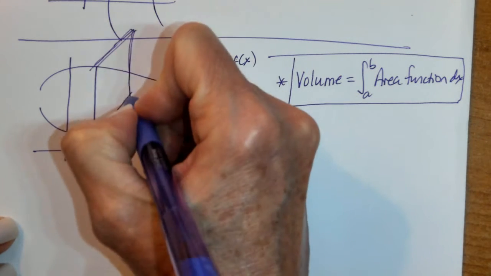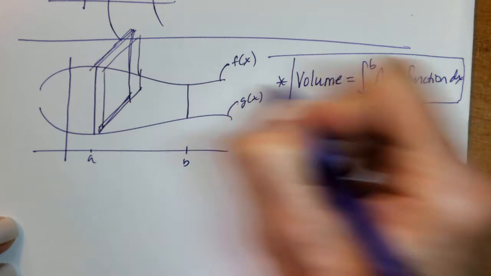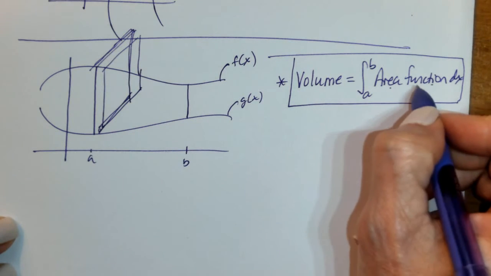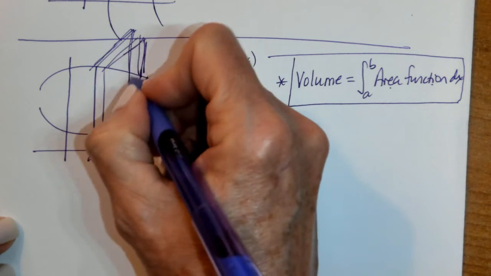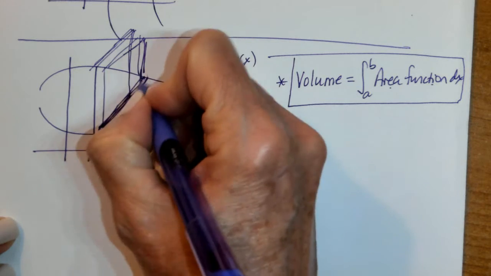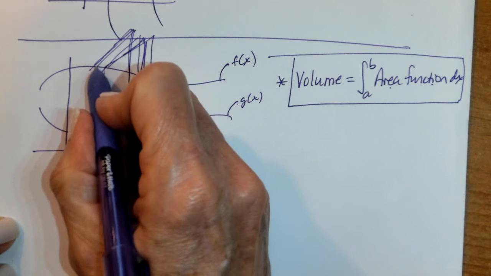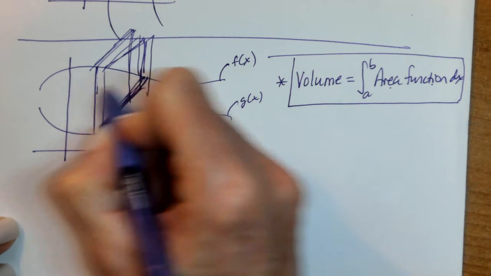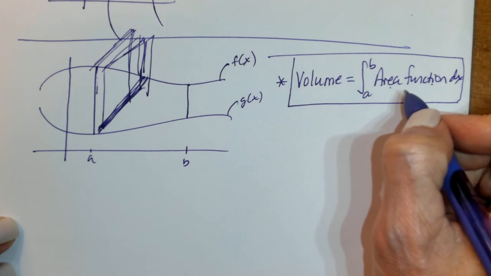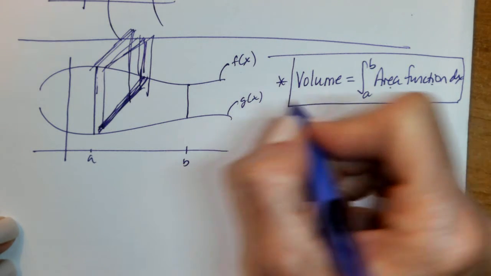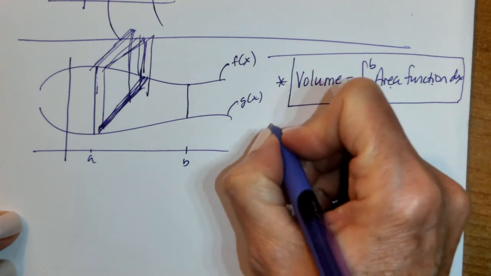So it'll be the area function times your thickness, your dx. If we start at a and go to b and add up all of the areas, we will get the volume. So for cross sections like this, we needed to know the area of each cross section.